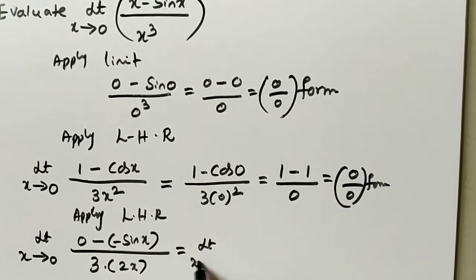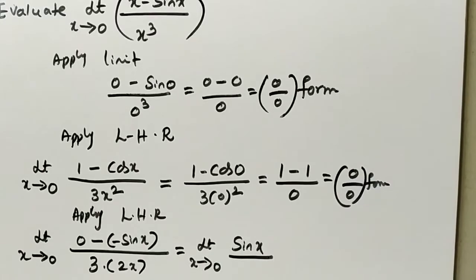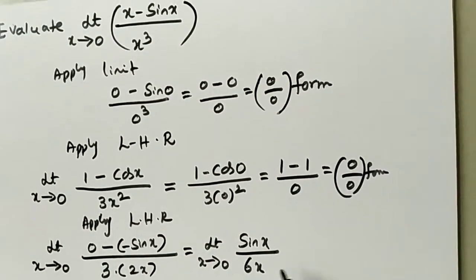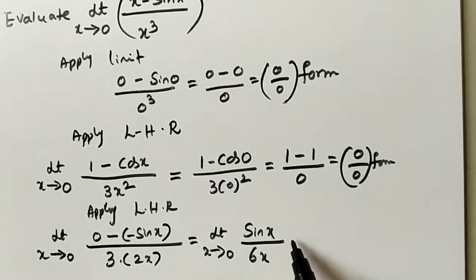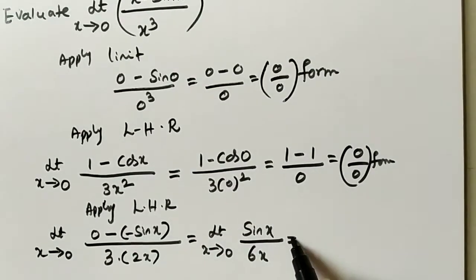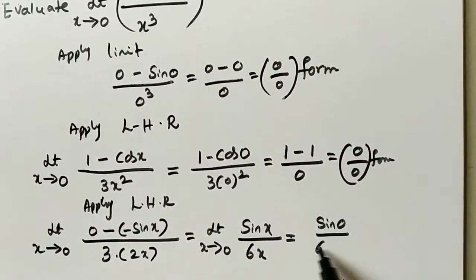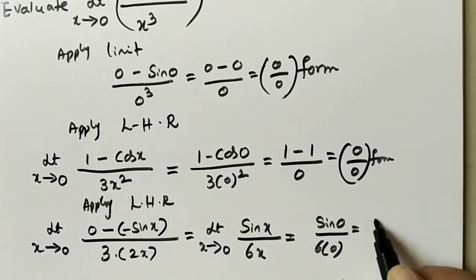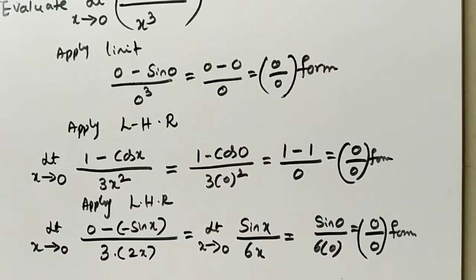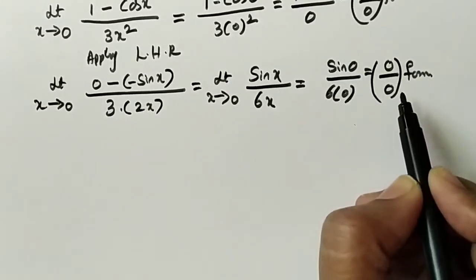So limit x tends to 0, sin x divided by 3 times 2x, which is 6x. Now apply the limit: sin 0 by 6 into 0 is again 0 by 0 form.